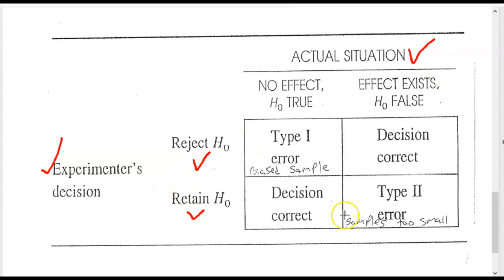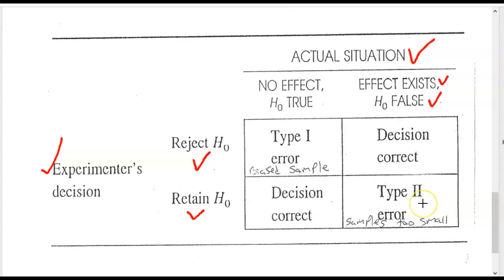Now, remember, let's start here in this bottom right-hand corner box. You retained the null because after you did your statistics, you found that males and females, let's say, are not significantly different. But wait a minute, what if the null is false? In reality, there is an effect. What happened? Why were you wrong?